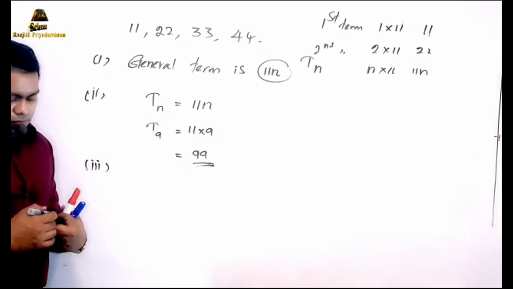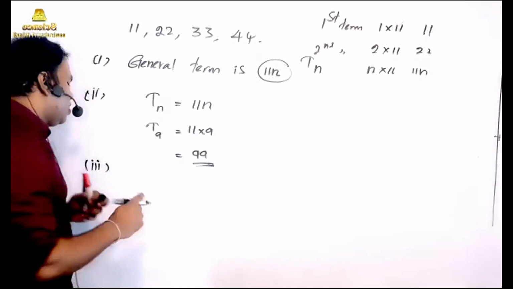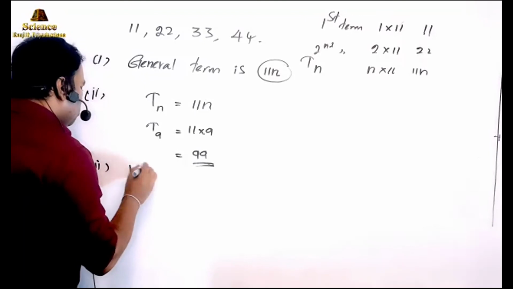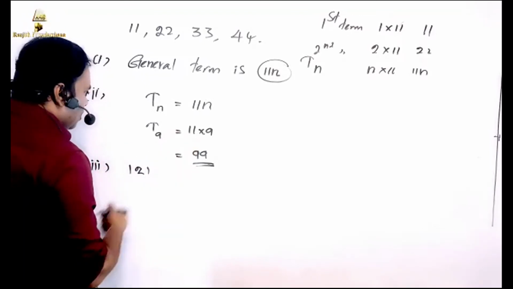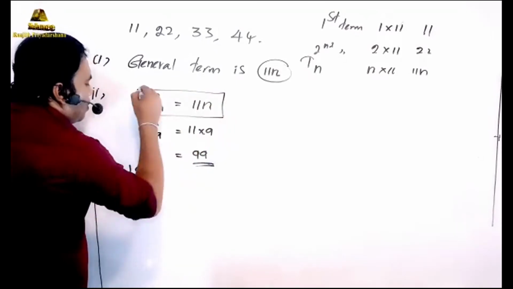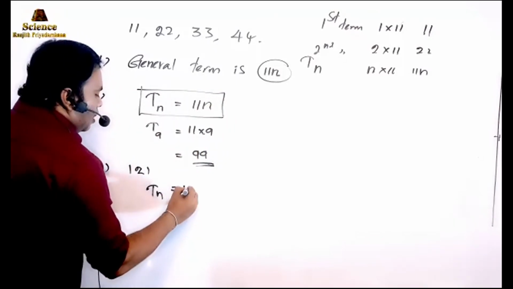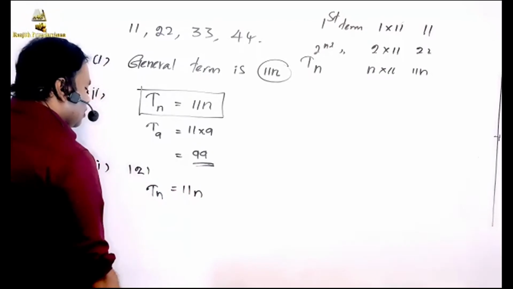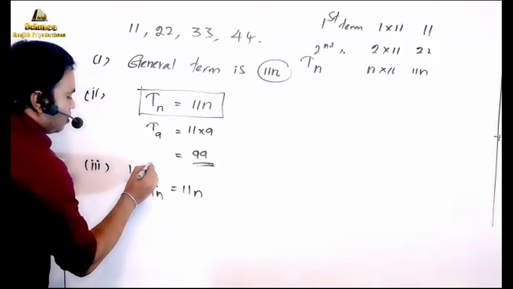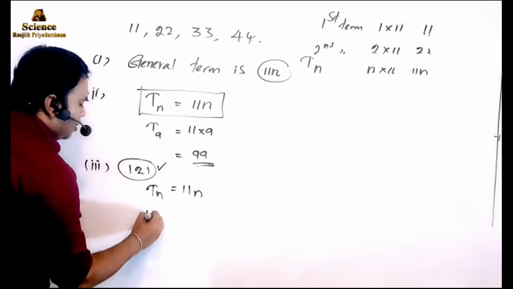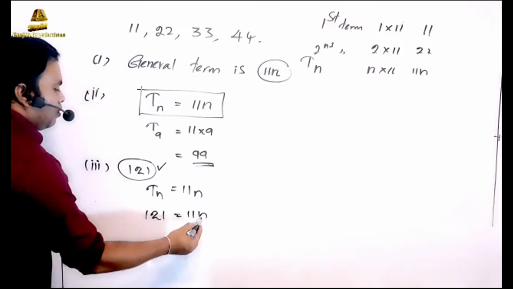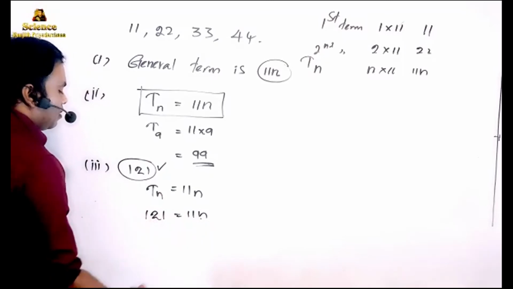What's the third question? Which term is 121? You know this equation, Tn equals 11n. So the nth term is given. 121 equals 11n. Now you have to divide both sides by 11.